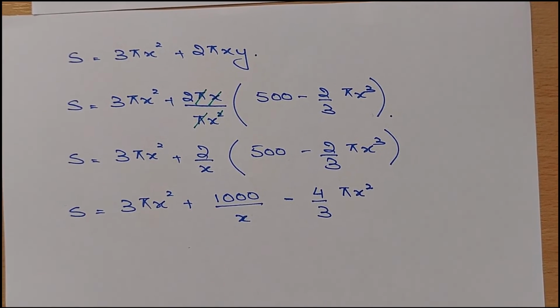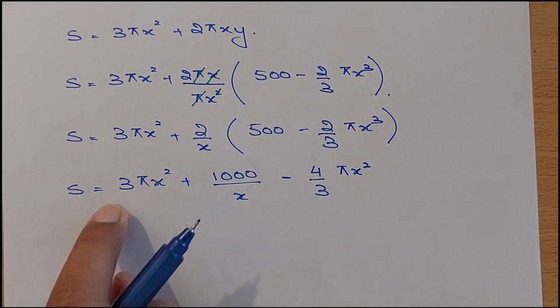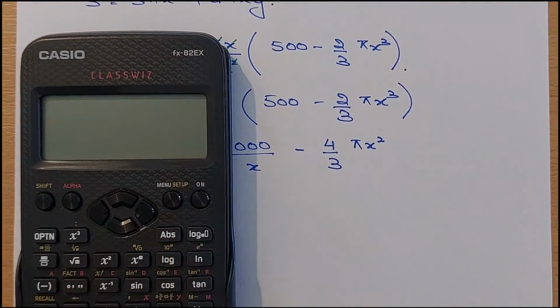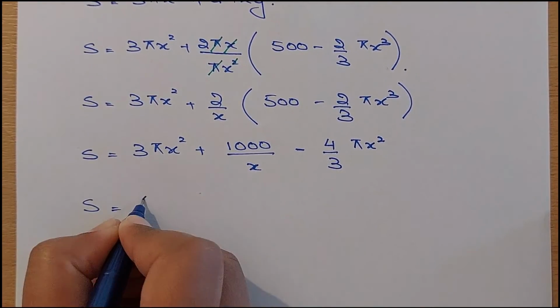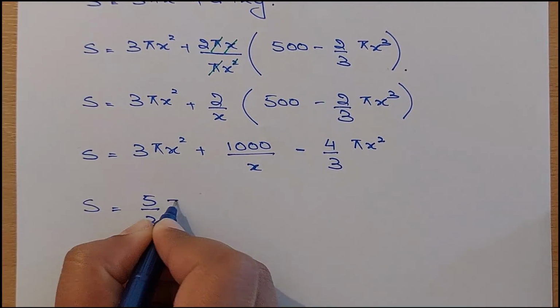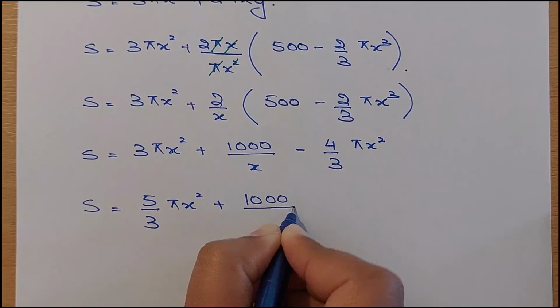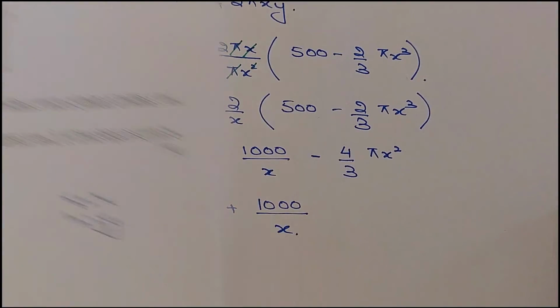So now how many x squares do we have? Pi x square 3 and minus 4 by 3. Let me solve this. Minus 4 by 3 add 3, that is 5 by 3. S is equal to 5 by 3 pi x square plus 1000 divided by x. So we got exactly the same, 5 by 3 pi x square plus 1000 divided by x.